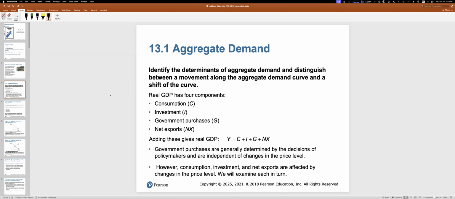And what we see is that, for the most part, government purchases really don't depend on the price level. So we can include them or not include them, it doesn't really matter. But what's really affected by the price level is the consumption, the investment, and the net exports. We saw that already in the previous chapter.